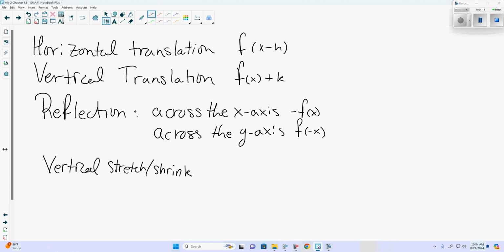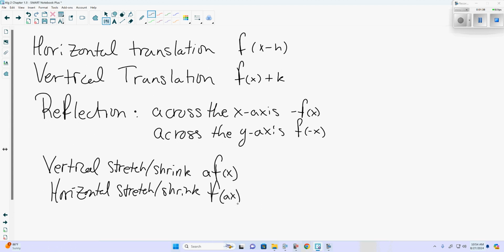Our vertical stretch or shrink is a times f of x, and our horizontal stretch or shrink is f of ax. We have to remember to flip the value.